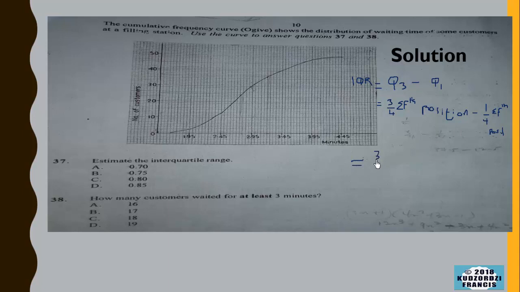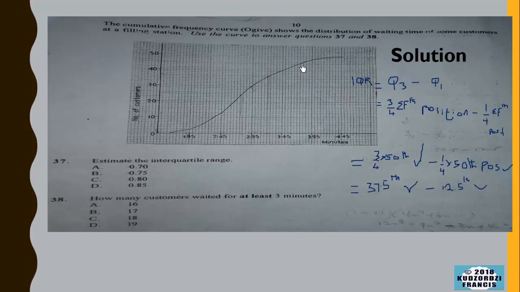So the total frequency is 50. So 3 over 4 times 50, the value in that position, minus 1 over 4 times 50, the value in that position. So we get the 37.5 value minus the 12.5 value.